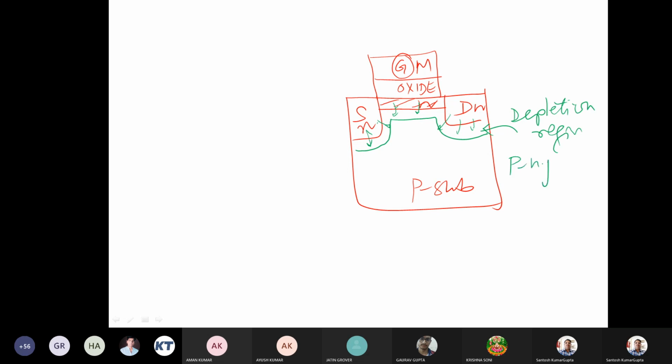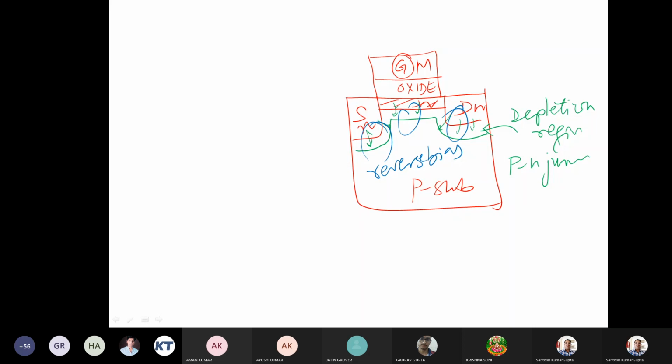But we don't need a current to flow through this. Do we need a current to flow? No. We don't want a current to flow. So we either want these p-n junctions to be reverse biased, or we don't bias them.